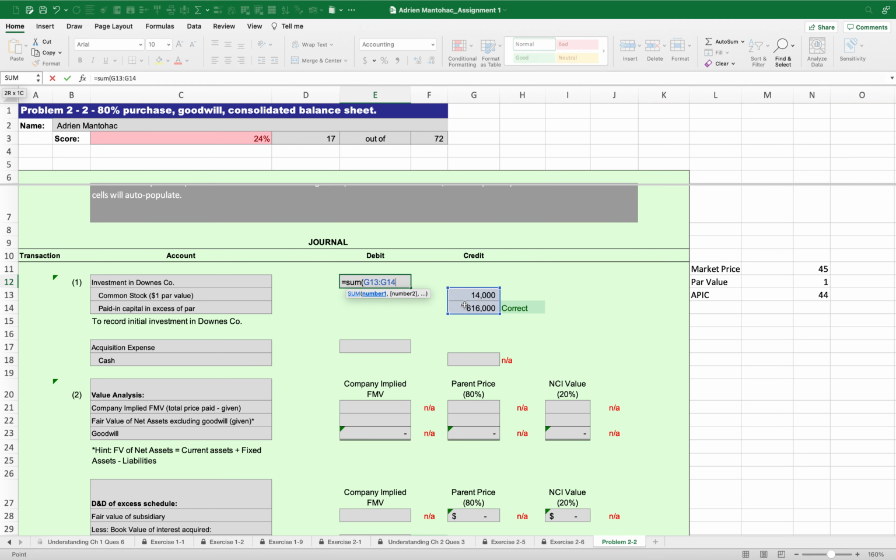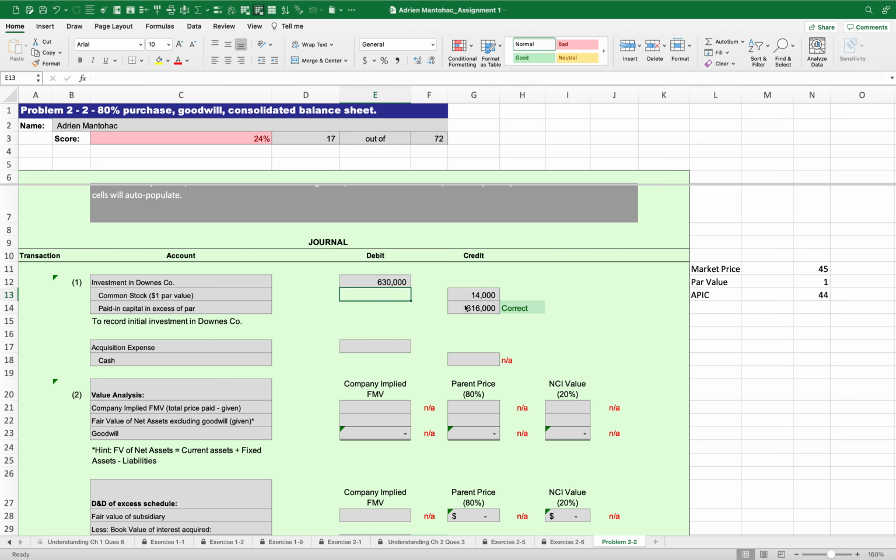right? The cost basis principle in accounting states that you are required to record investments in an asset, including an investment in a subsidiary, at the cost that you had paid for it. So that's step one.